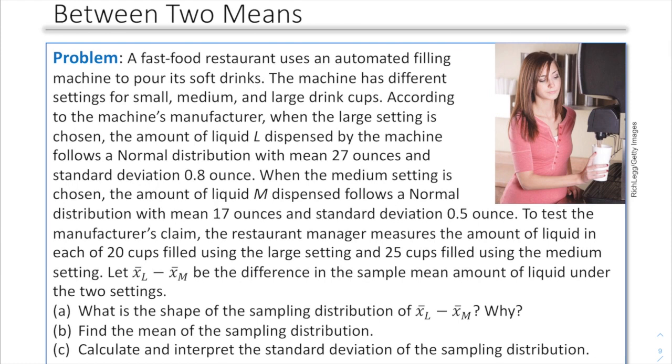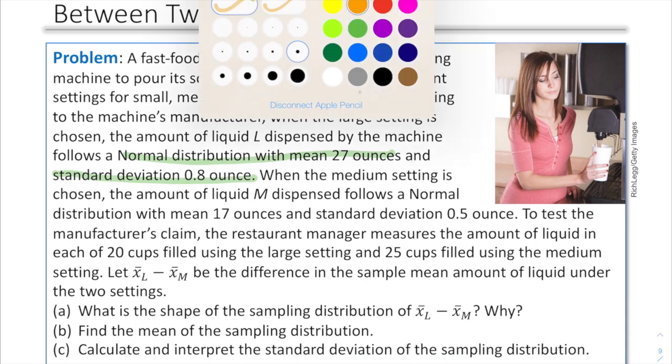So here's an example in which we can go through each of those parts. What is the shape, what is the mean, and what is the standard deviation, and then interpret it as well. So we have a fast food restaurant that uses an automated filling machine to pour its soft drinks. The machine has different settings for small, medium, and large drink cups. According to the machine's manufacturer, when the large setting is chosen, the amount of liquid dispensed, noted by L, is a normal distribution with a mean of 27 ounces and a standard deviation of 0.8.